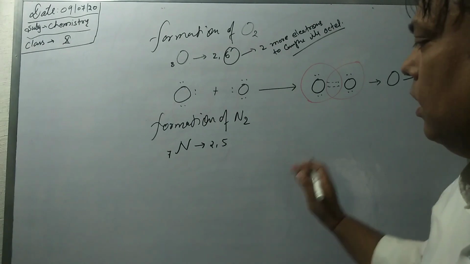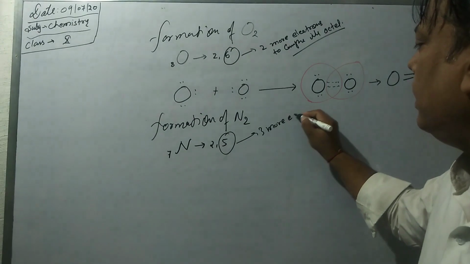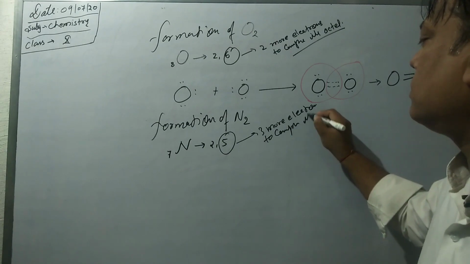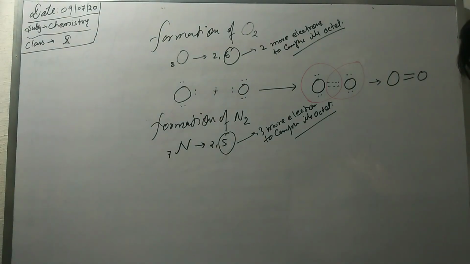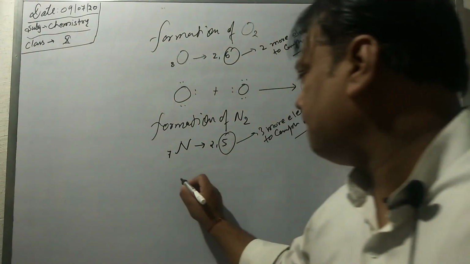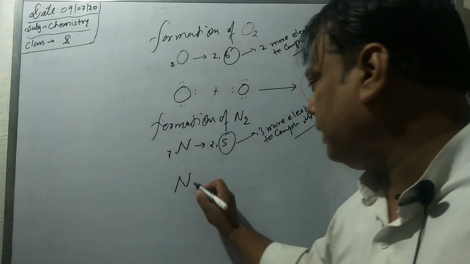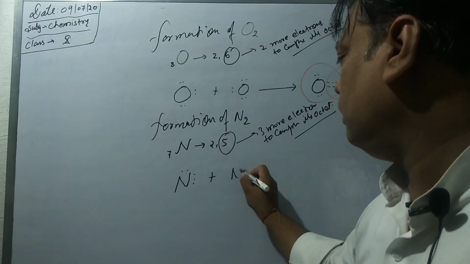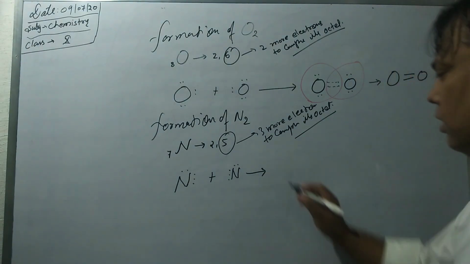Here nitrogen needs 3 more electrons to complete its octet. Nitrogen has 5 electrons in the outermost orbit: 1, 2, 3, 4, 5. Another nitrogen atom also has 5 electrons in the outermost orbit.